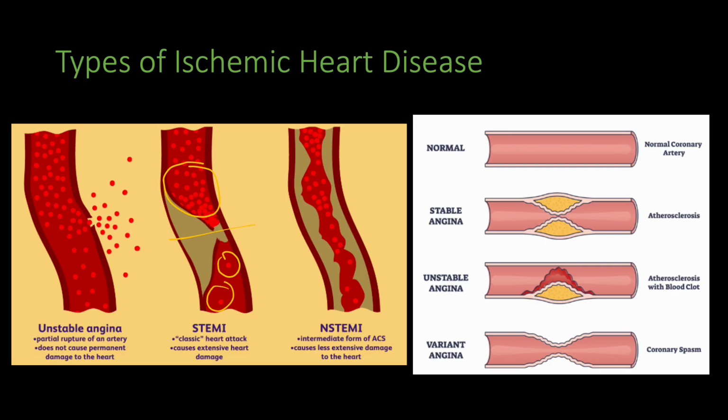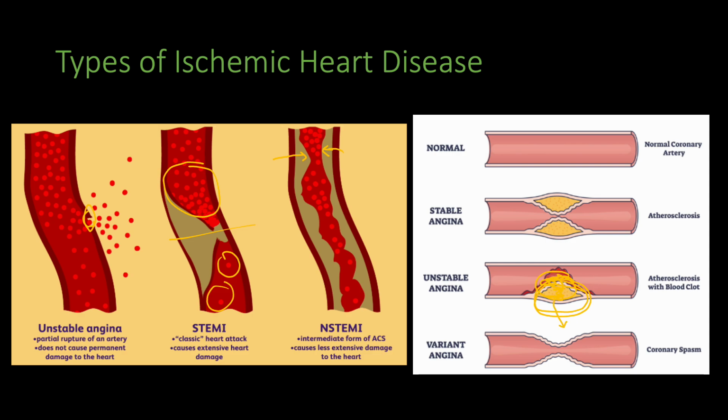Then unstable angina, you can see it gets ruptured here, and that's due to this blood clot that ruptures, that atherosclerosis with blood clot. You can see the plaque just builds up and piles up here. When that happens, it breaks this lid off, and the blood comes right out.